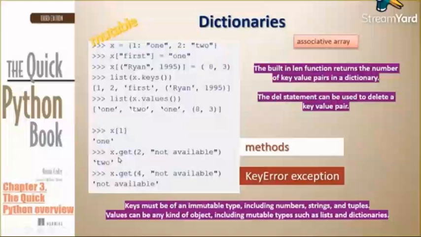And you see here a method of x.get. You give it a key, and dictionaries can return the value.